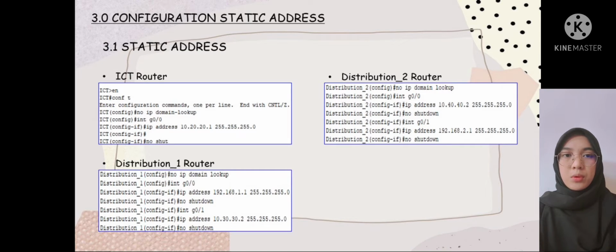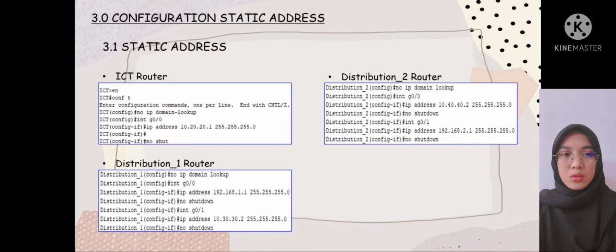Configuration. 3.1 Configuration for static address. For the ICT router, we are going to configure no ip domain-lookup, interface G0/0 with IP address 10.20.20.1 255.255.255.0. For the distribution 1 router, we configure no ip domain-lookup, interface G0/0 with IP address 192.168.1.1 255.255.255.0 and interface G0/1 with IP address 10.30.30.2 255.255.255.0.